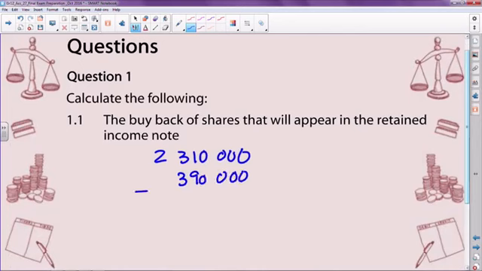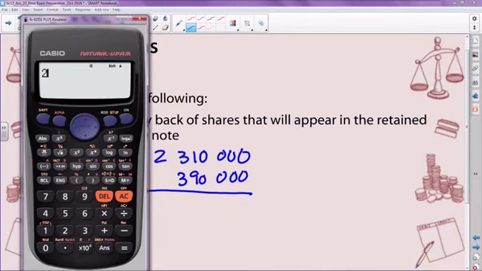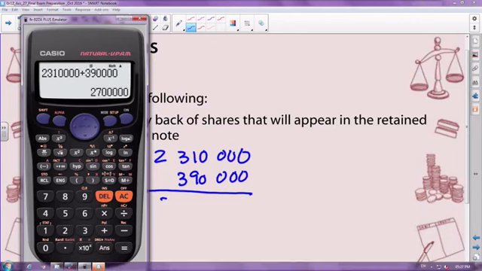If we add that together, 2,310,000 plus 390,000 gives me a figure of 2,700,000.